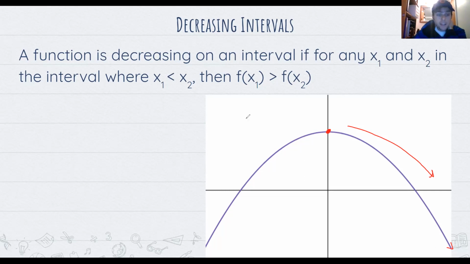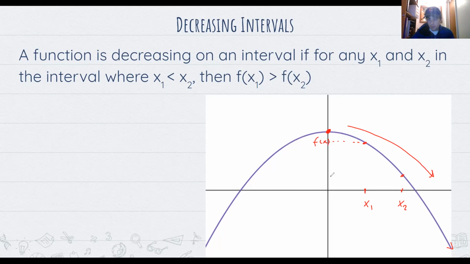Again, same technical definition, slightly different, right? If we pick any two values in this decreasing interval, let's just pick some random ones, so here and here, then we have our x1 and our x2. What's important to know, if it's decreasing, then the output for x1, so f of x1, is actually going to be greater.